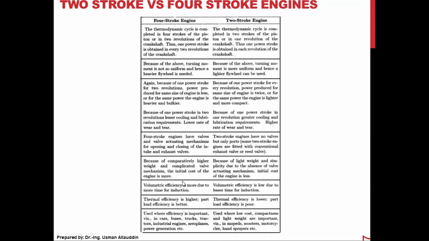So four-stroke engines are used where efficiency is important, like in cars, buses, trucks, tractors, industrial engines, aeroplanes, and power generation. And two-stroke engines are used where low cost, compactness, and light weight are important.